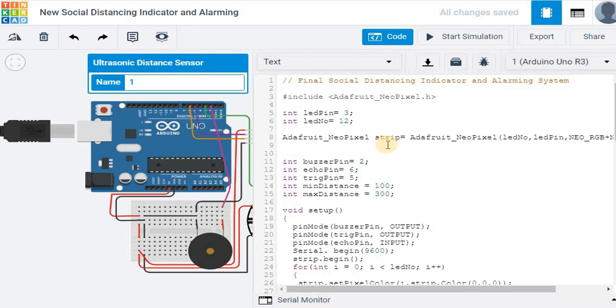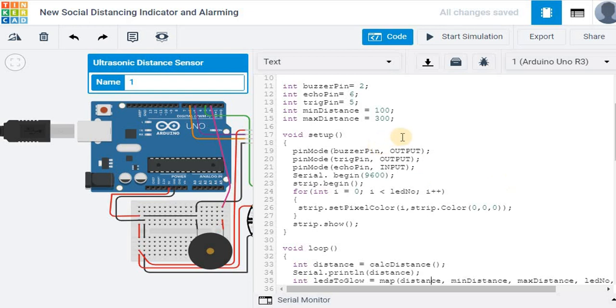NeoPixel ring is connected. As soon as the Arduino is powered up, the system starts measuring the distance within the range from 300 to 100 centimeters, because we are calculating the social distance, so we are moving from the higher value to the lower value. The ultrasonic sensor echo pin is connected to digital pin 6 and the trigger pin is connected to digital pin 5 of the Arduino Uno board.